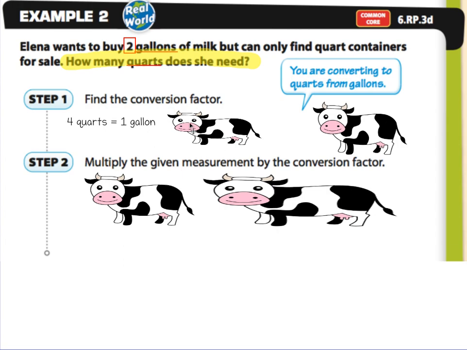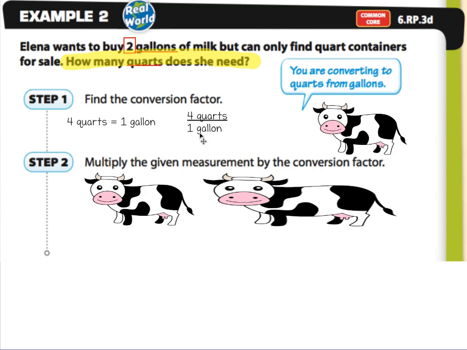So the conversion factor, we're going to set it up as a ratio in fraction form, I should say, is that 4 quarts gives us a gallon. And you're always going to put the unit that you're trying to get to on top. So in this case, I'm trying to get to a quart.